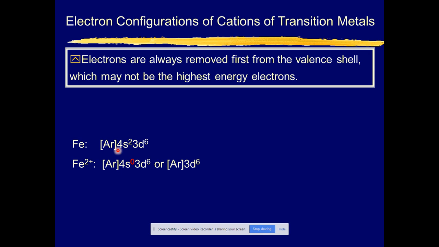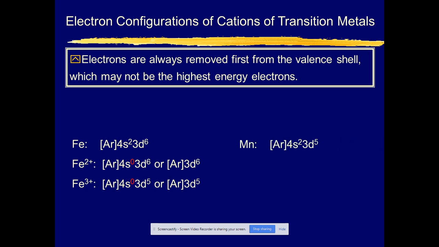So you have to take these 4s electrons away when you form Fe2+. So the electron configuration is simply argon 3d6. Now if we were to take another electron away and go to Fe3+, that's when you then have to dig into the d orbitals and take that last electron away. So the electron configuration here is argon 3d5.